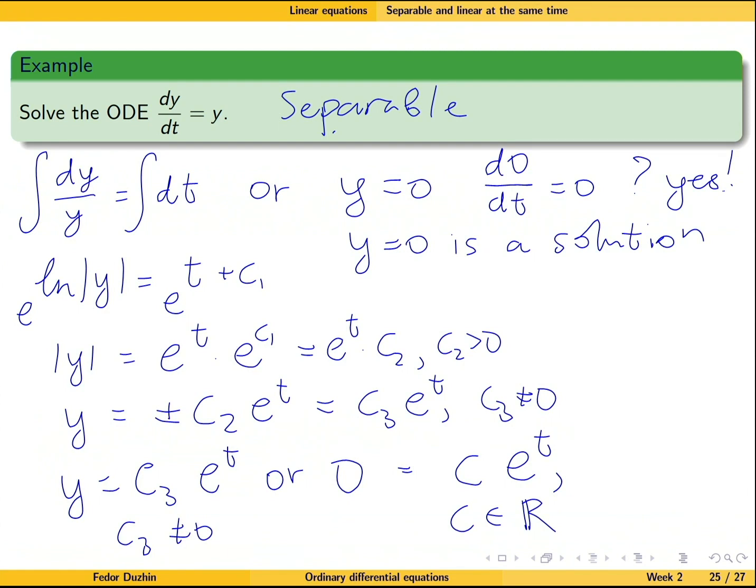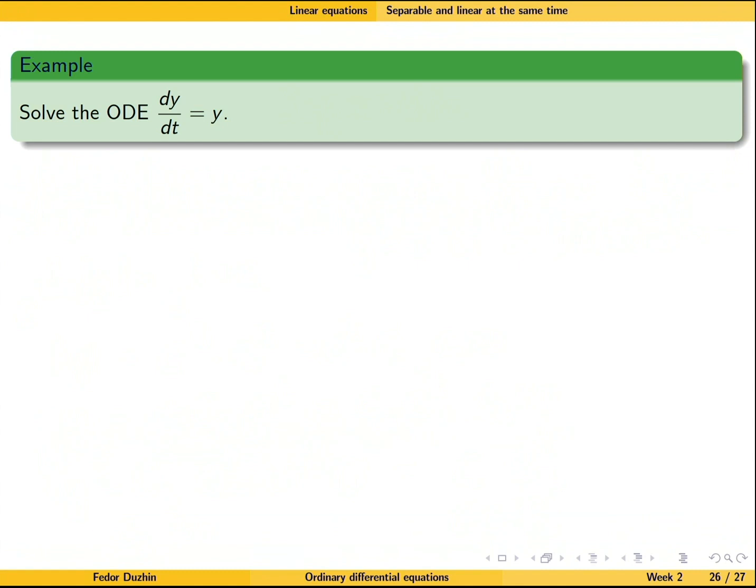We got it when we solved it as a separable equation, but we went through some complicated reasoning. So let us now see if we can get the same answer by doing it as a linear equation. Because at the same time we can rewrite it as y prime minus y is 0.